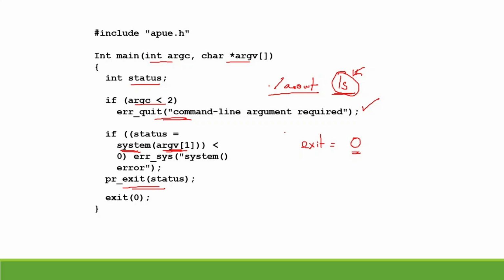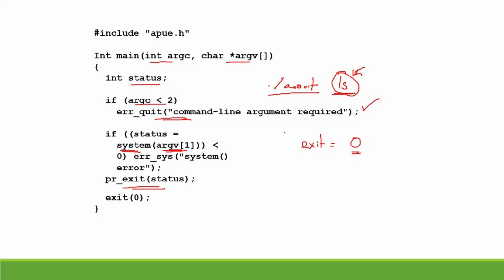So this is about the system function, and we have demonstrated the system function using these three programs. The first one by using fork, exec and wait. In the second one we have demonstrated three commands: date, then a non-existing command called no such command, followed by the who command with the exit status 44.